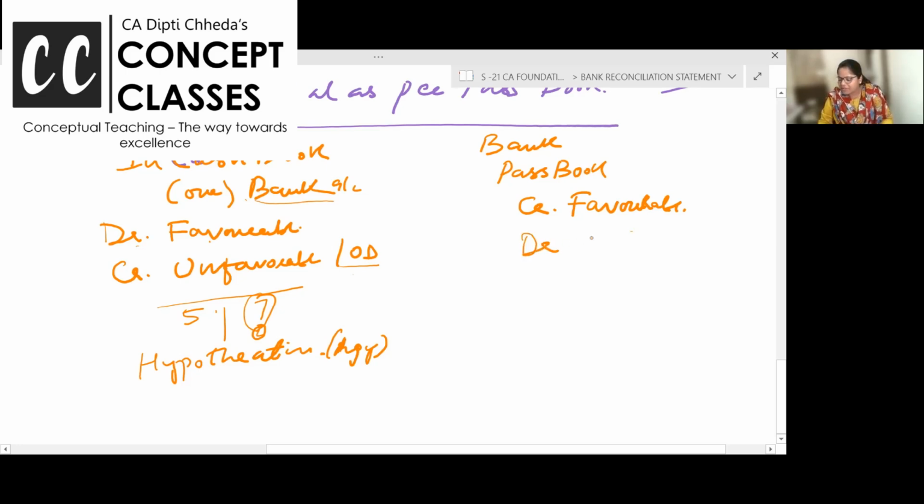Then passbook debit balance is unfavorable. Take your time. If you want to write it, note it down. I'm here only. Definitely write this down. Ask if you have any doubt. Passbook, if it is having a debit balance, it is unfavorable.